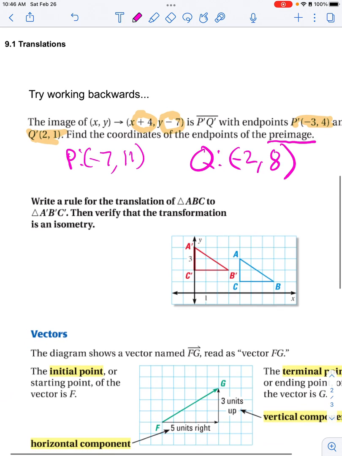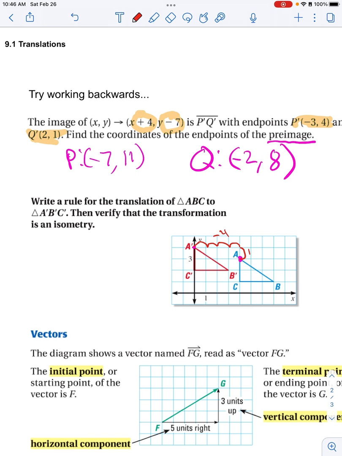Write a rule for the translation of triangle ABC to triangle A'B'C', then verify the transformation is an isometry. If I started at A and ended here, I went up 1 and left 4.